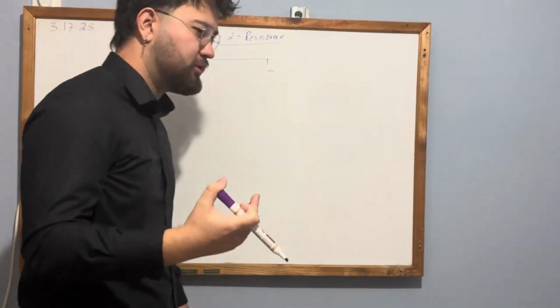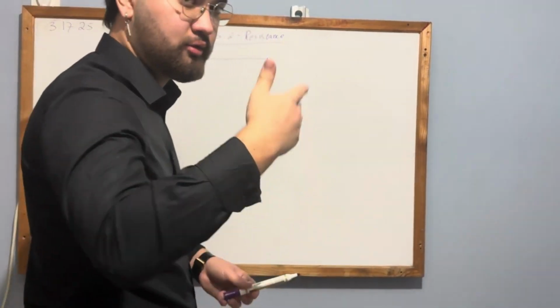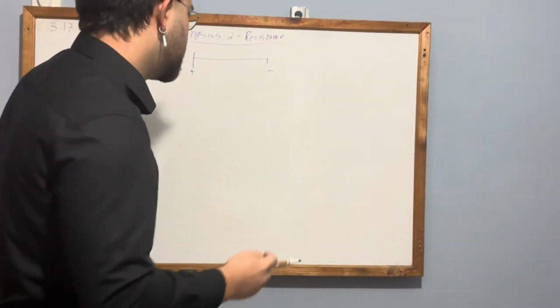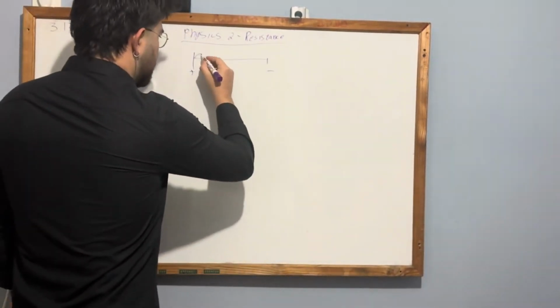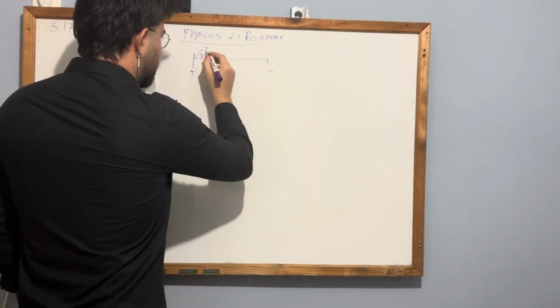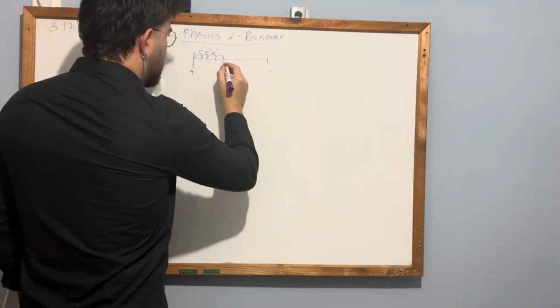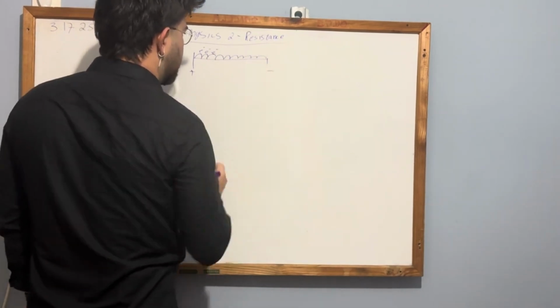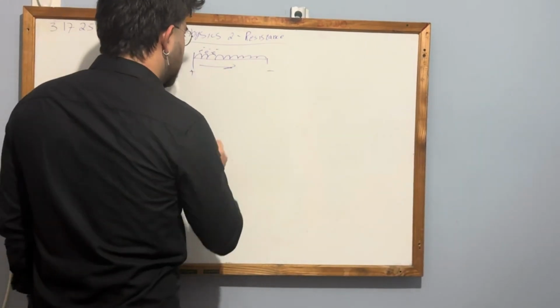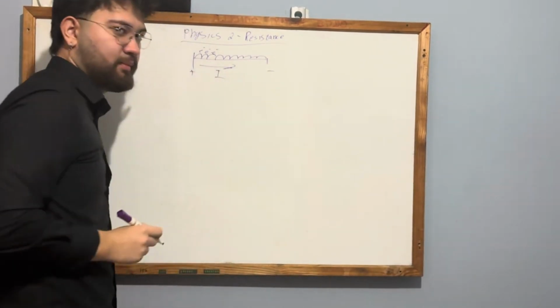Usually the electrons will want to move from the positive charge to the negative charge in order to be in equilibrium. So we have electrons jumping like this, like this, like this, until they get here. That's what creates the current. The current, we denote by the letter I.